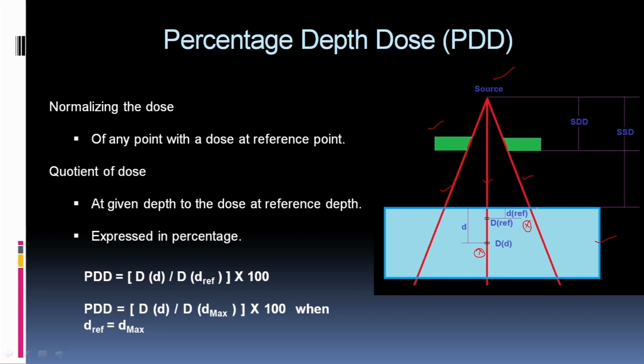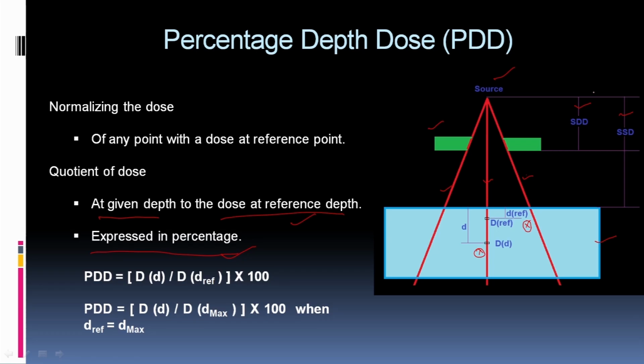This is the quotient of the dose at a given depth to the dose at the reference depth, expressed as a percentage. Here this is the source to surface distance, SSD, and this is one more parameter, SDD, which defines the collimation system: the source to diaphragm distance.